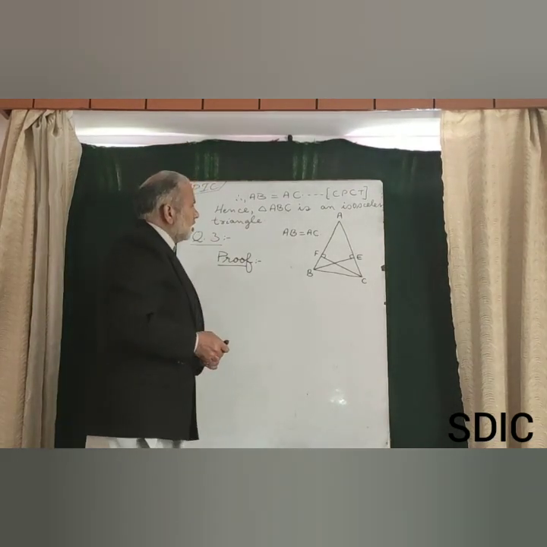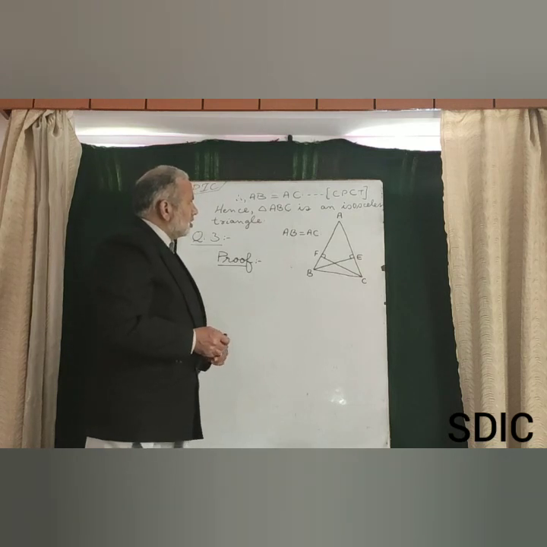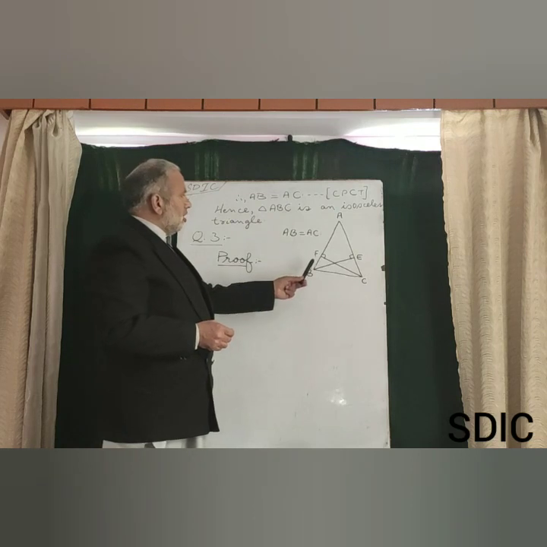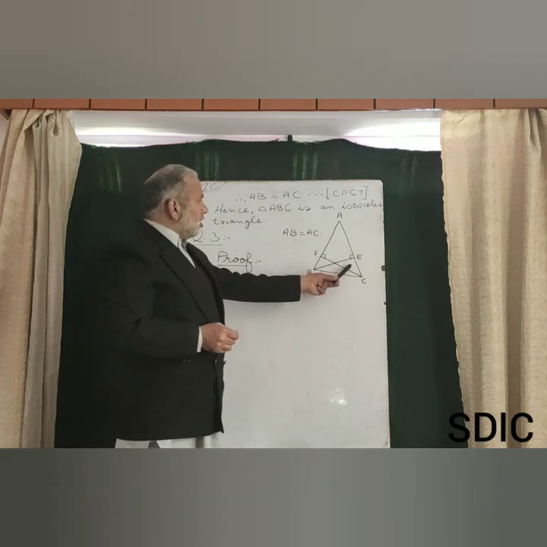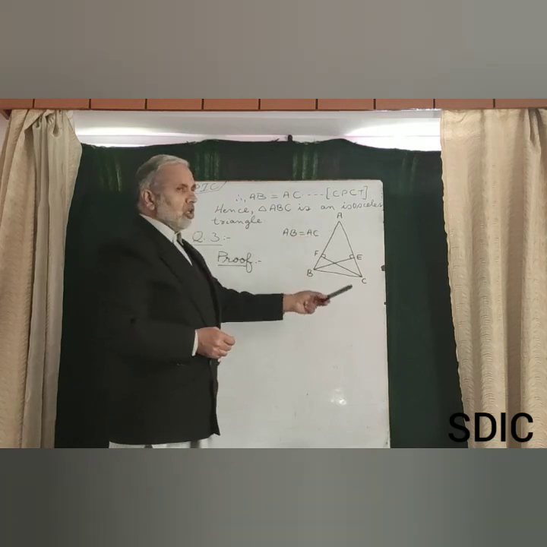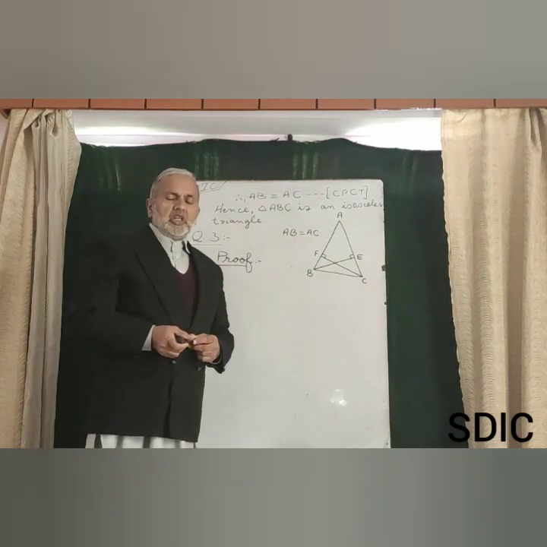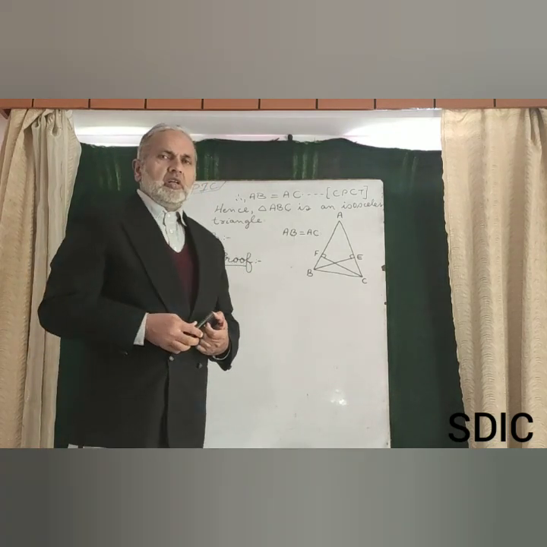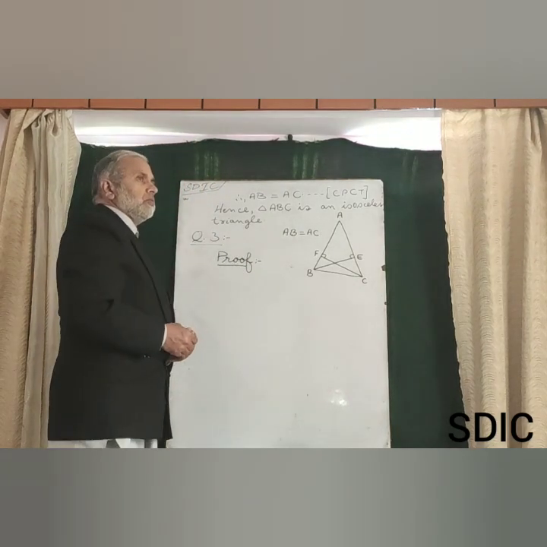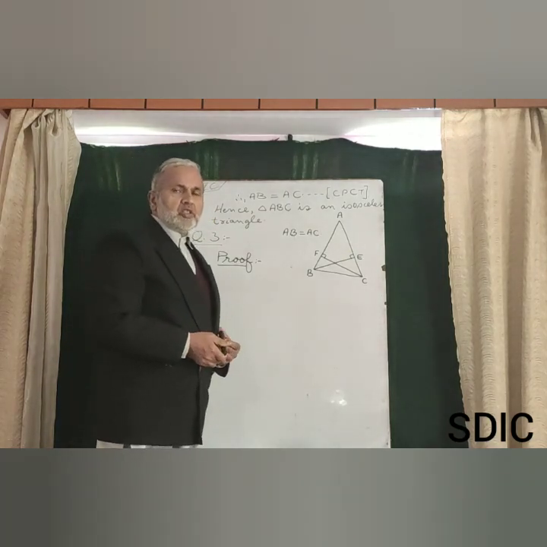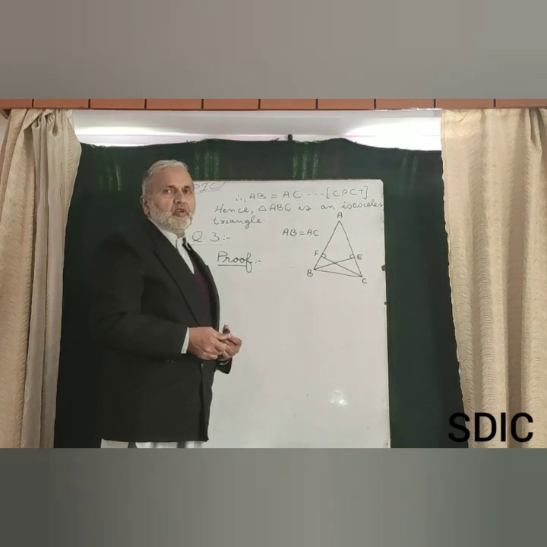And when we look at the given figure, since we have to prove BE is equal to CF and we know AB is equal to AC, therefore the two triangles that we'll choose must involve both these informations, given information as well as the required information.